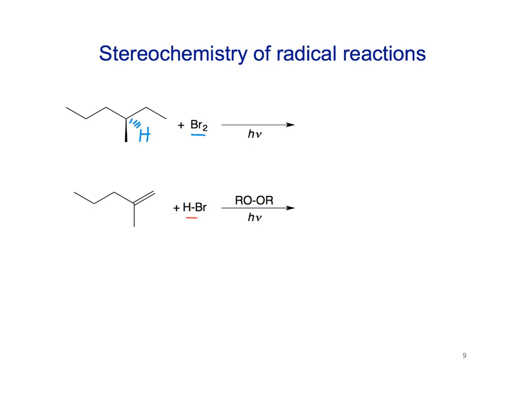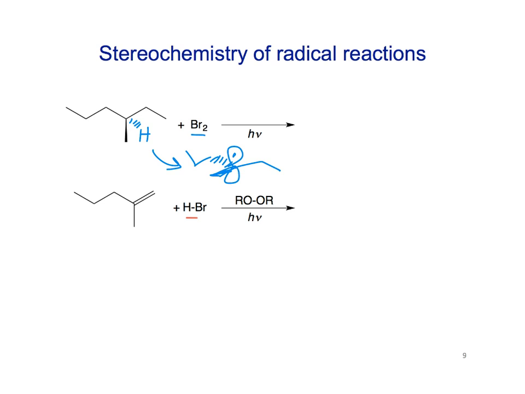We know that along the way we're going to end up forming a radical at that position, and I'm going to draw it on the side like this. Remember, the radical is sp2 hybridized, and that single electron is in the p orbital of that sp2 hybridized carbon.